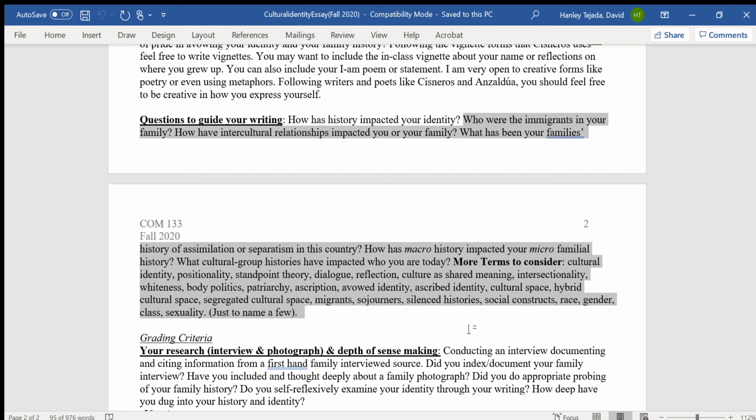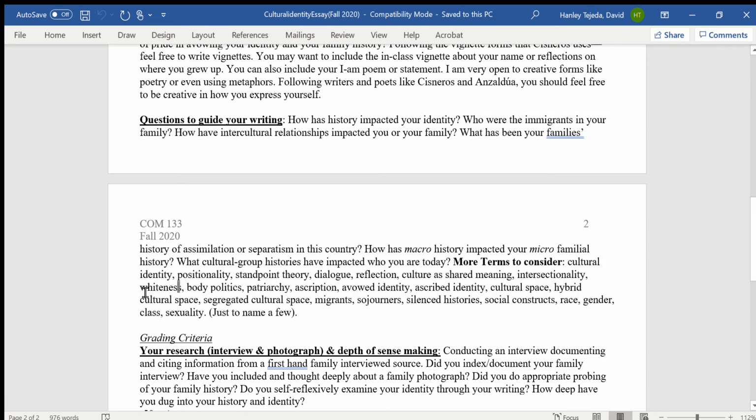More terms to consider: cultural identity, positionality, standpoint theory, dialogue, reflection, culture as shared meaning, intersectionality, which we'll talk more about. Whiteness is huge. A lot of us have been affected by whiteness, which is this idea that we're normal, or we don't have culture.